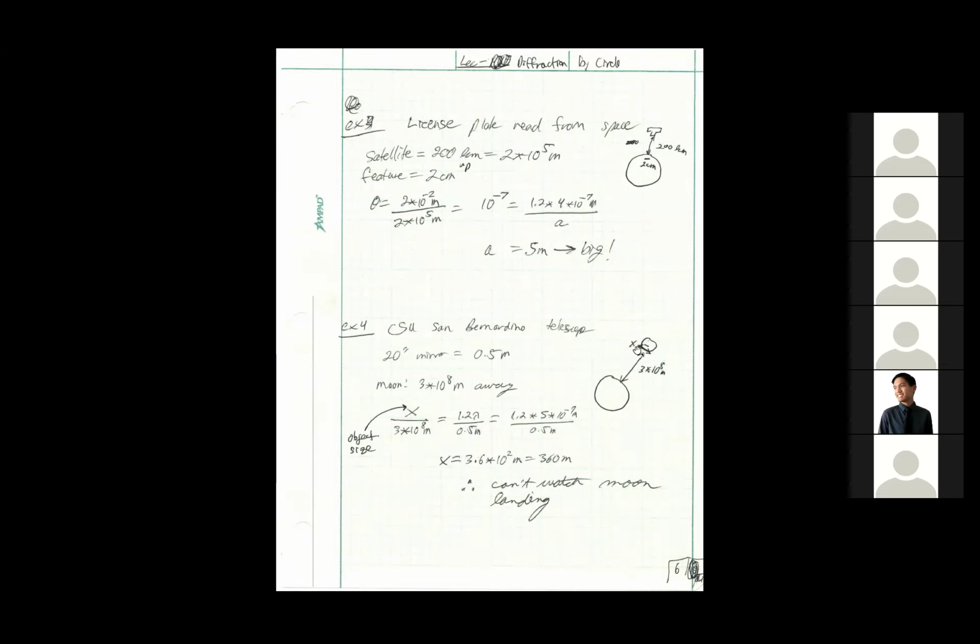So with a half-meter telescope, you would not be able to watch the moon landing. All that you would see in some future moon landing, if NASA really does go back to the moon, is a bright spot. You would see the flare from the thrusters firing to slow the descent, but you would just see that flash of light.